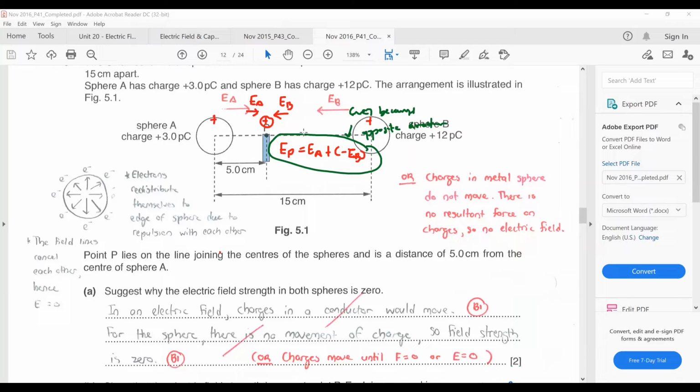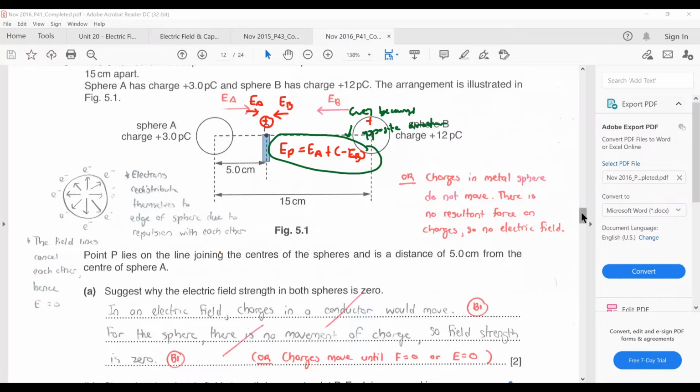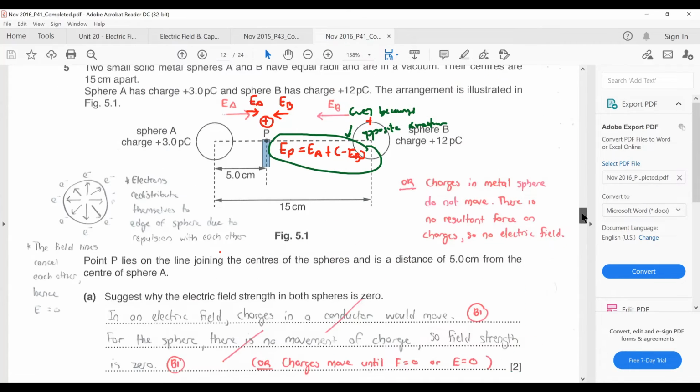You need to find out what is the potential due to sphere A and potential due to sphere B. Okay, so just now I told you, you wanted to find out what is your field strength here. You need to consider separately the effects due to sphere A and B.